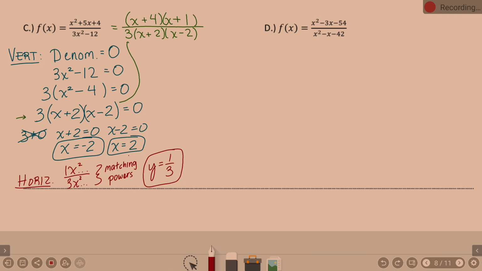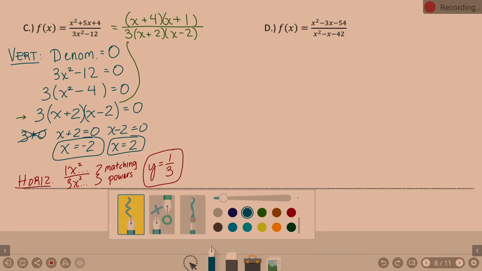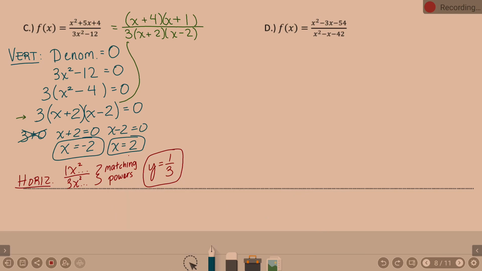Ready for vertical asymptotes? How am I finding my vertical asymptotes? Denominator equal to 0. X squared minus x minus 42 equals 0.